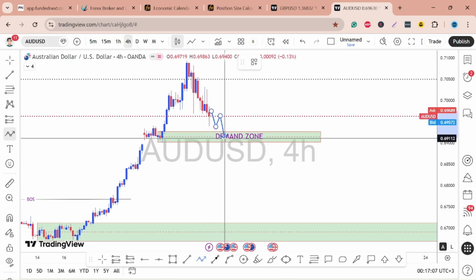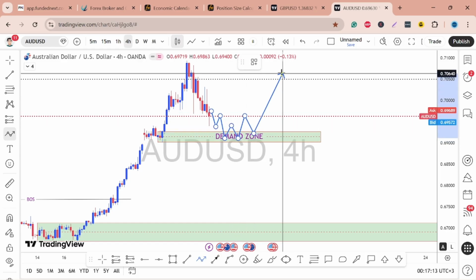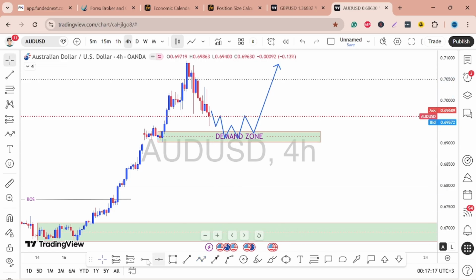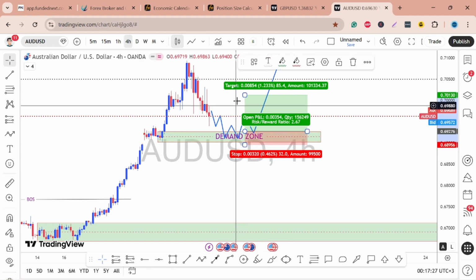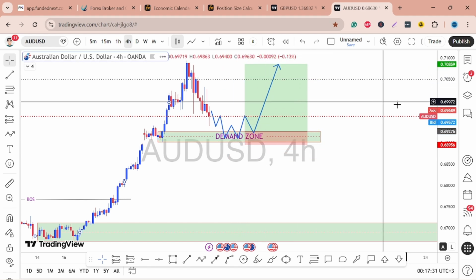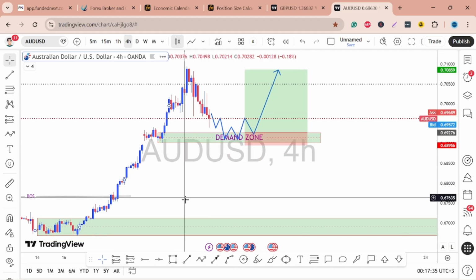If this demand zone is able to hold the price, then this is what you're going to be looking for on the lower time frame, to ride the price up. This would be an ideal setup, and basically this is a signature setup that I trade day in, day out. You'll be looking for at least a risk reward ratio of 1:4.95.